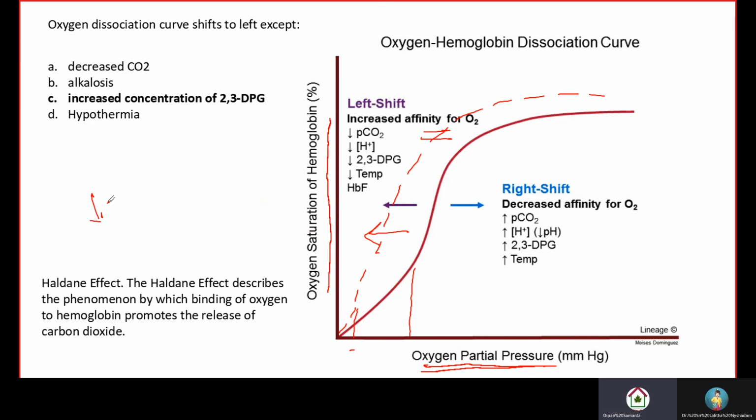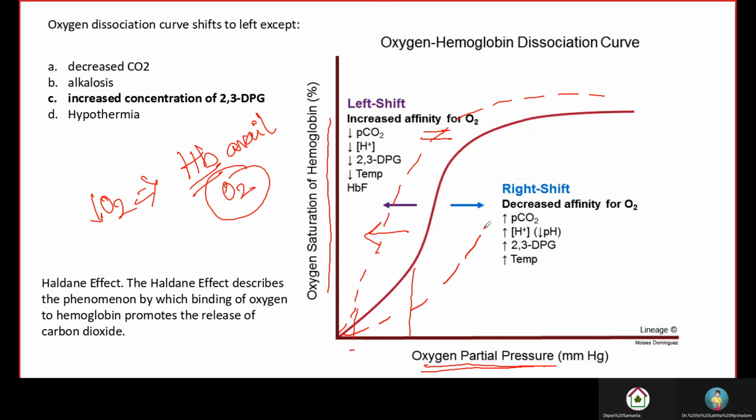That means with low oxygen availability, hemoglobin can avail oxygen in sufficient amount. That means affinity is more. And if the opposite happens, that the partial pressure of oxygen is more, but saturation in the hemoglobin is not increasing, that means binding capacity or affinity has decreased, or a right shift occurs.